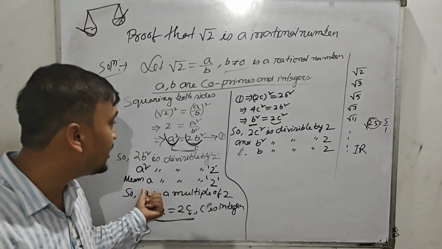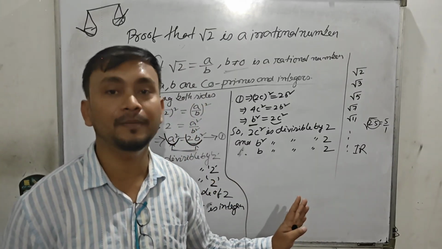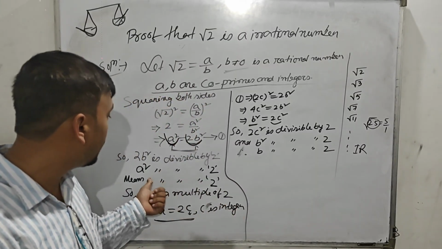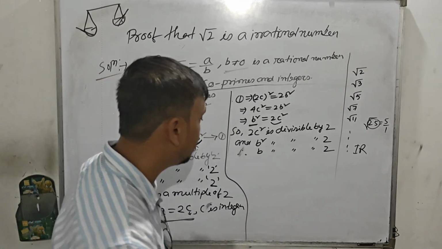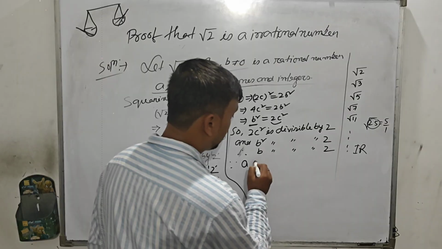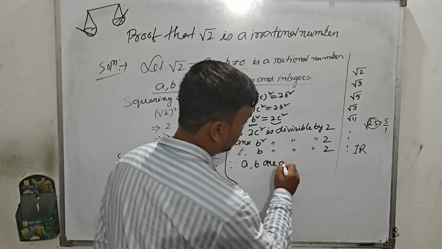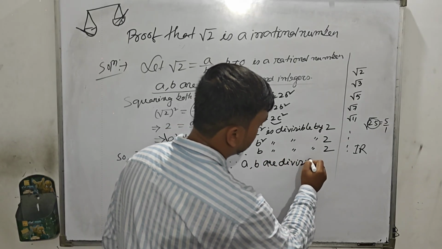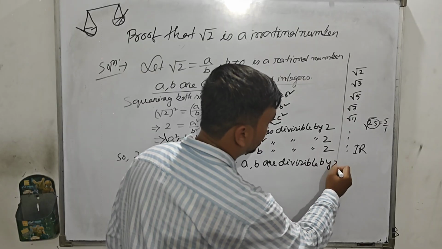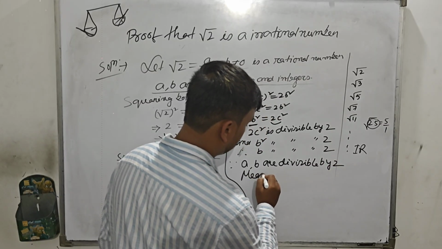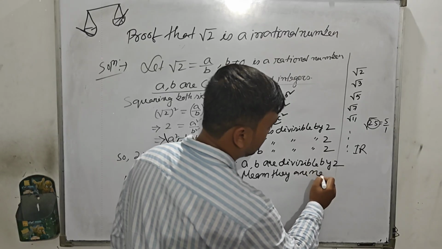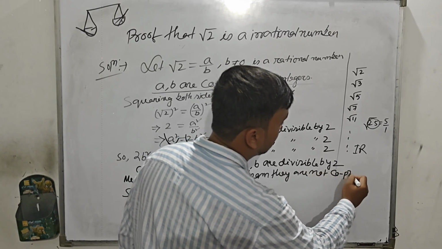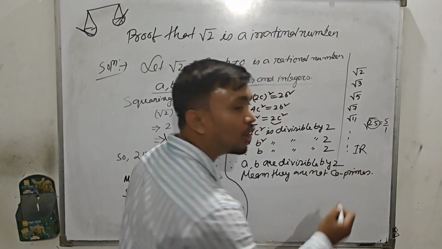That means a and b are not co-prime numbers. If they are co-prime numbers, they should not have a common divisor. So I am writing here, since a, b are divisible by 2, they are not co-primes.